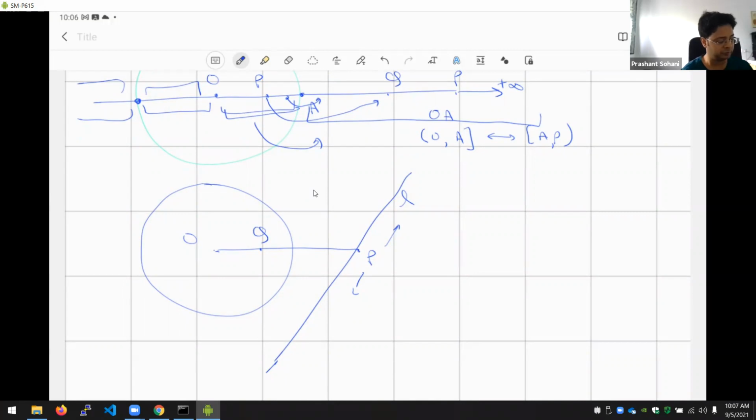If you imagine the point P going farther and farther on this line L, then the distance OP keeps on increasing. So naturally the distance OQ keeps on decreasing, and in the limiting case OQ will be very close to 0. So whatever the locus of point Q is, it has to pass through the center O. At least that part is clear.